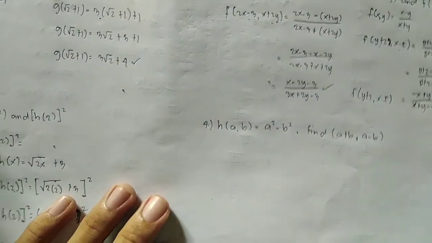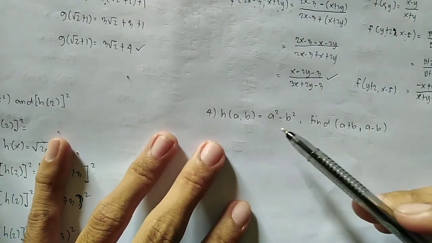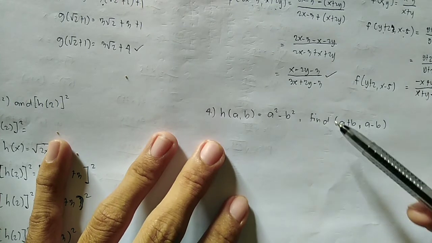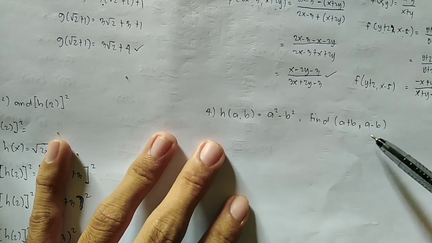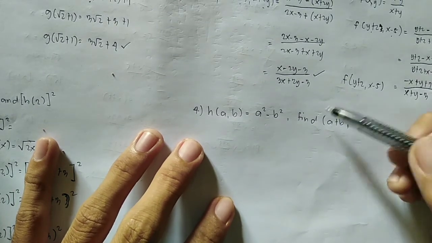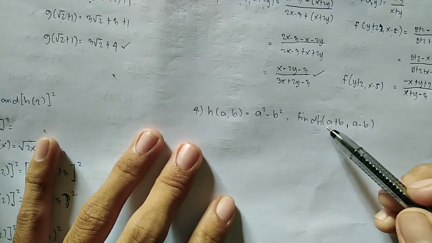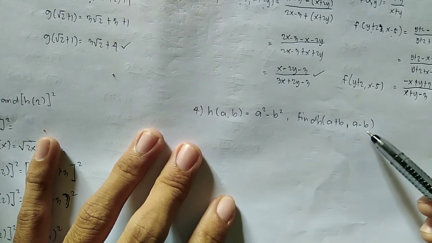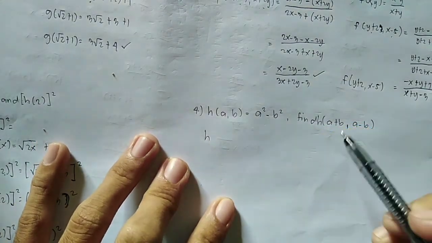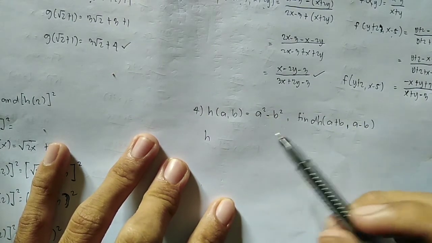So here the given function is h(a, b) equals a squared minus b squared. Then we have to find h at a plus b, a minus b of the function. Maybe I forgot to write h here. Yes, so h at a plus b, a minus b. So just directly substitute these values into the original function.